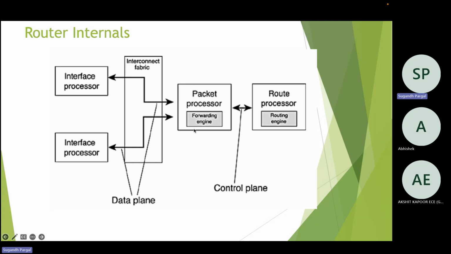Then we have the packet processor which does the matching with the particular source and destination IPs, and it is connected with the interconnect fabric with different interface processors which do the matching part, and then it forwards the packet through this packet processor to the desired destination address. So this right part is the control plane, and this left part is the data plane which matches the data, and the packet processor forwards the data further.